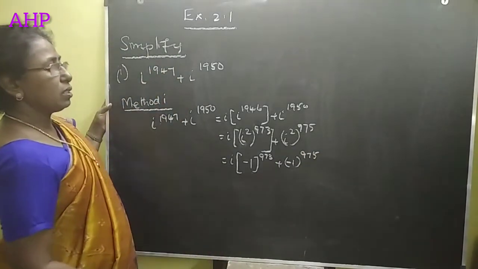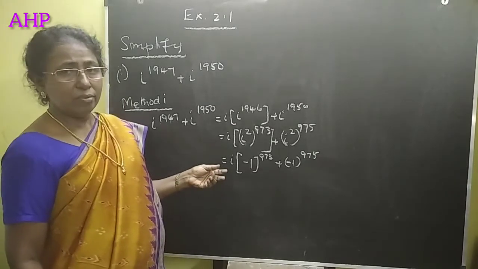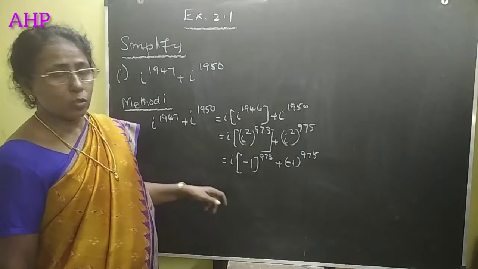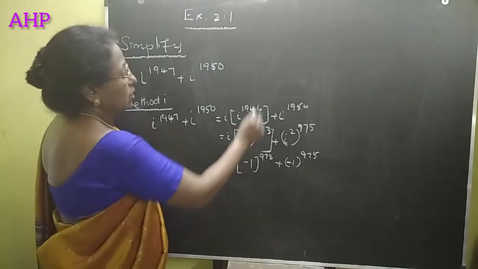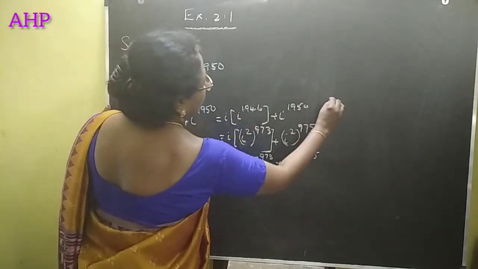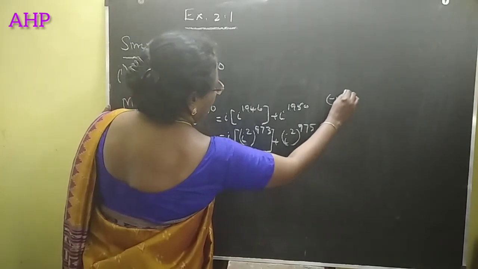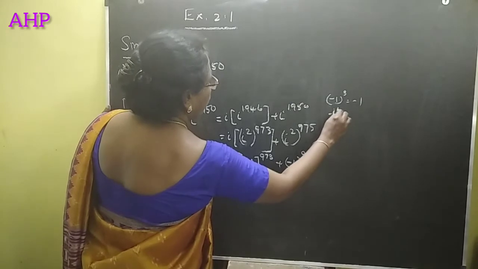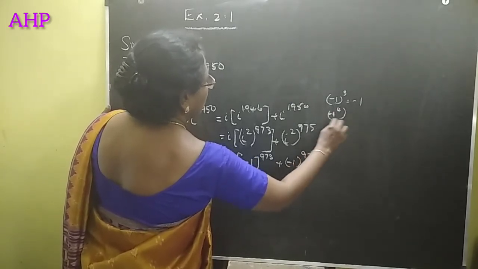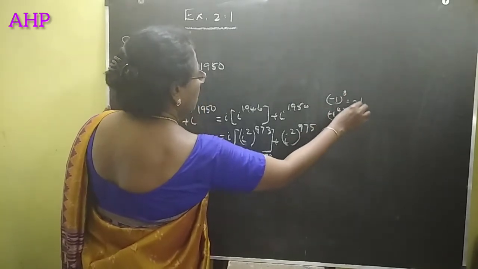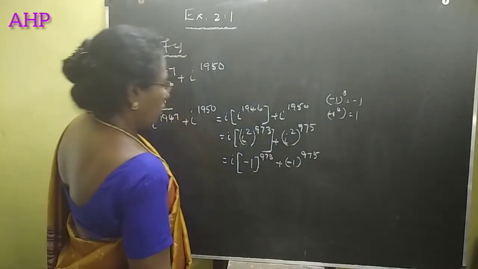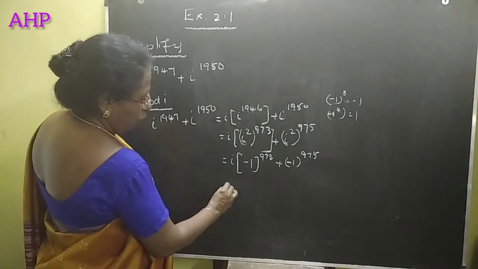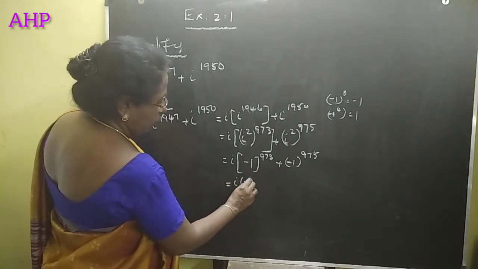See, odd powers of minus 1 give minus 1, and even powers of minus 1 give plus 1. So minus 1 the whole power 3 is equal to minus 1, and minus 1 the whole power 4 is equal to 1. So even powers are 1, odd powers are minus 1. Here 973 is an odd number, therefore this value is going to be i into minus 1.